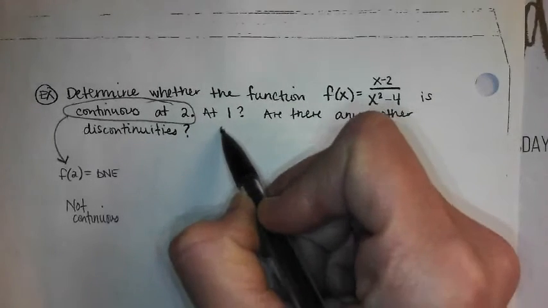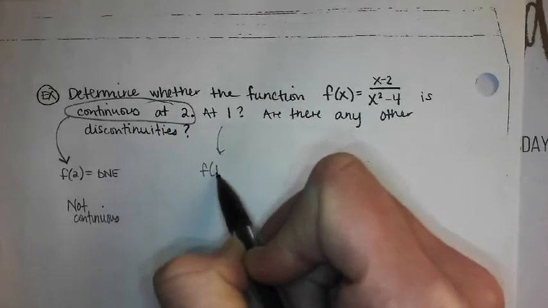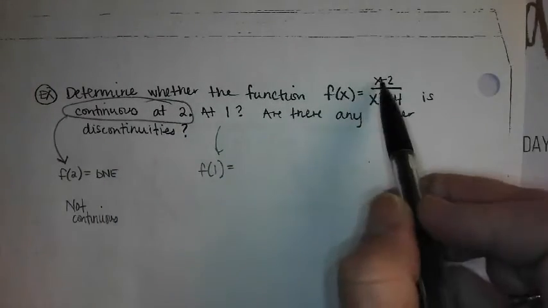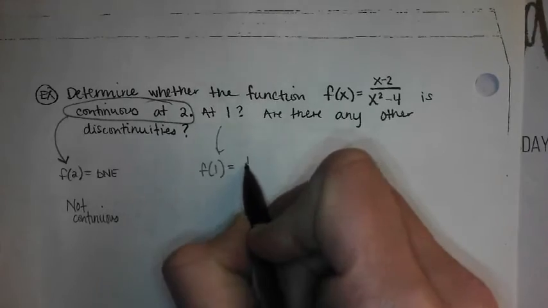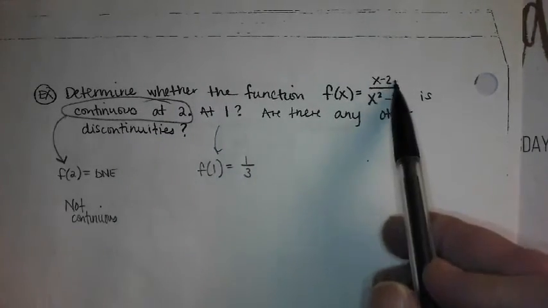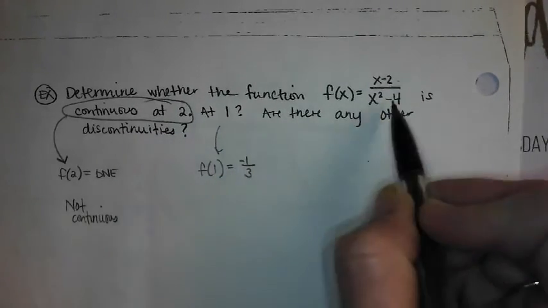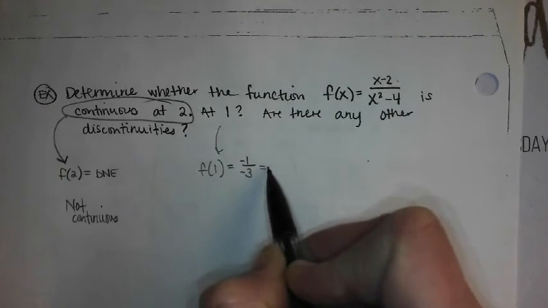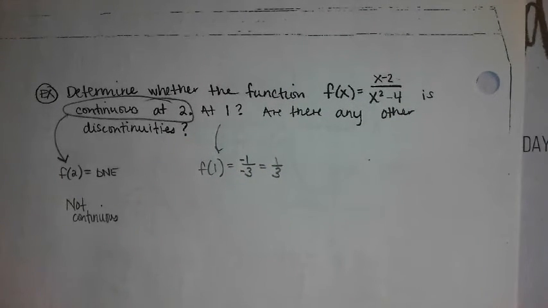So at 1, what's f of 1? What is it? 1/3. So 1 minus 2 was negative 1, 1 minus 4 was negative 3, so the double negative made the 1/3.